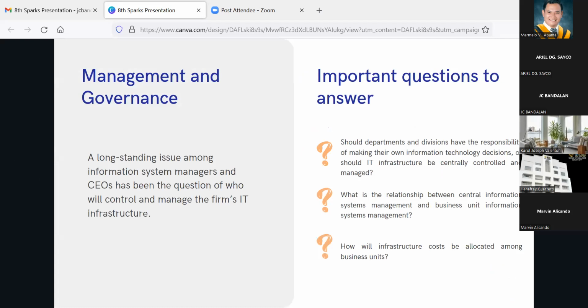So there are long-standing issues, sinasabi nga nila, information system managers and CEOs have been questions of who will control and manage the firm's IT infrastructures. Well, kung well-established naman yung company nyo and well-structured, meron naman tayong tinatawag na CTO, or Chief Technical Officer. So, si CTO naman, usually, siya yung main in charge dun sa kung ano, IT staff ng company nyo.